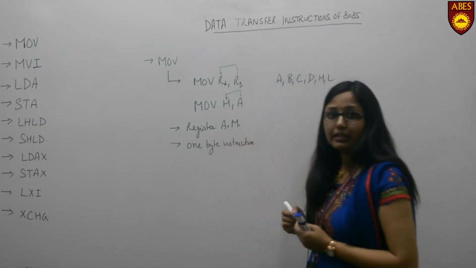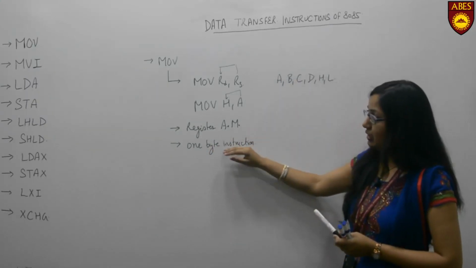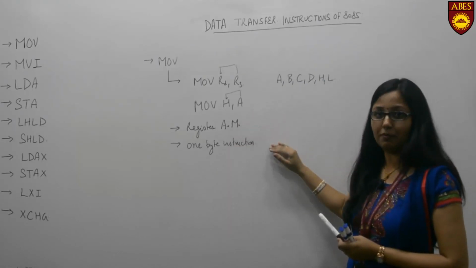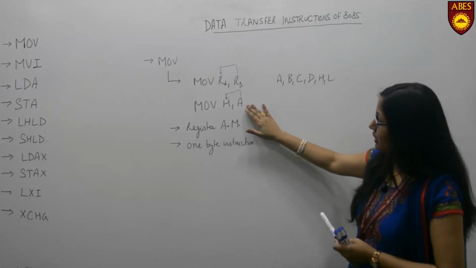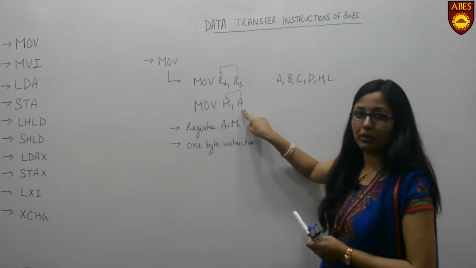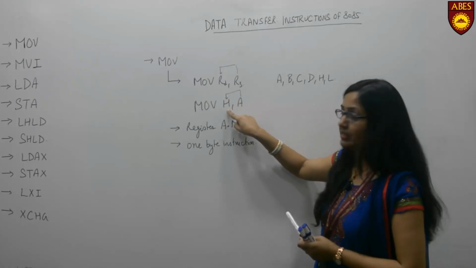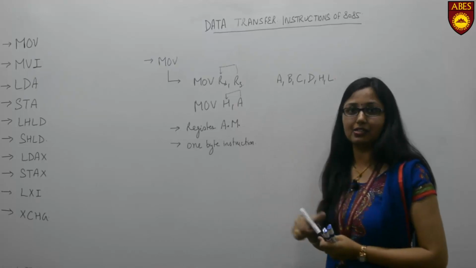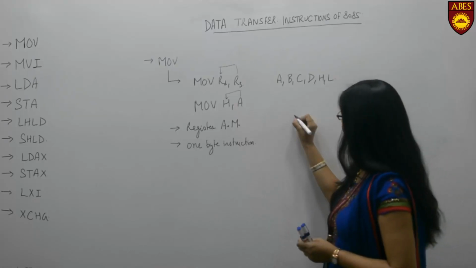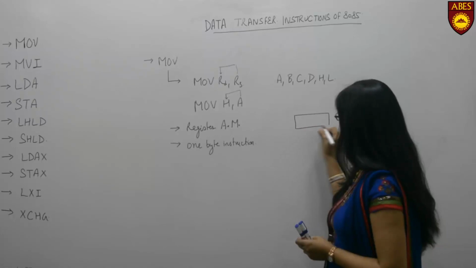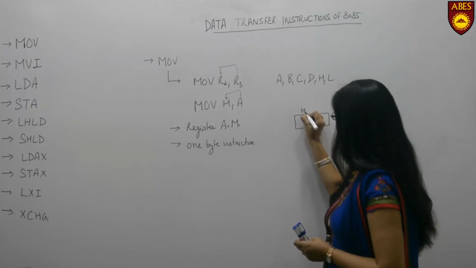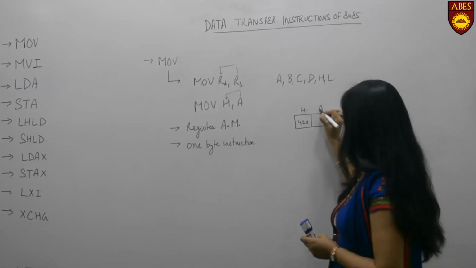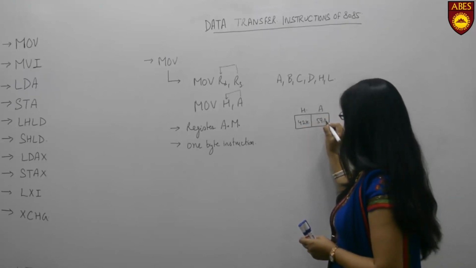What does it mean? It means this instruction takes only one memory location whenever we store it into memory. Here, when the content of the accumulator is copied into the H register, the content of the accumulator and the H register are both the same. For example, before the execution of the move instruction, the content of the H register is 42H and the content of the accumulator is 59H.